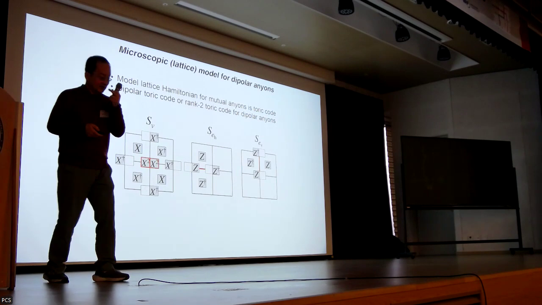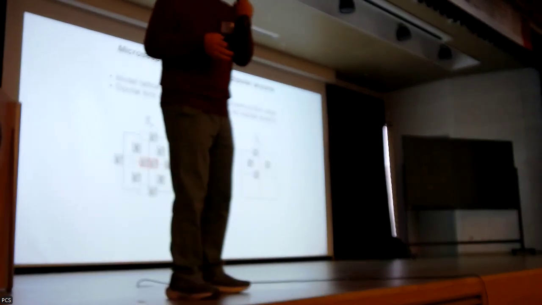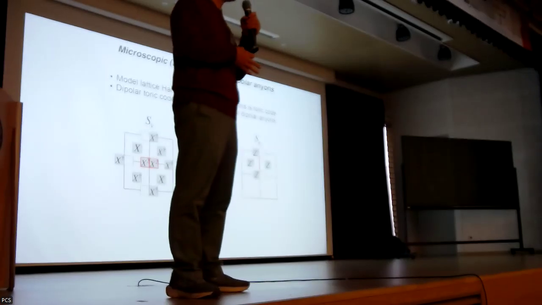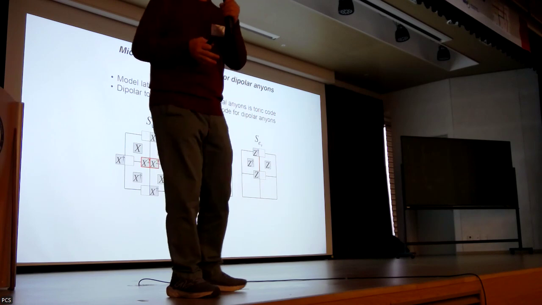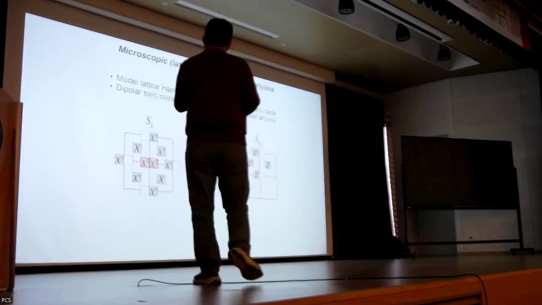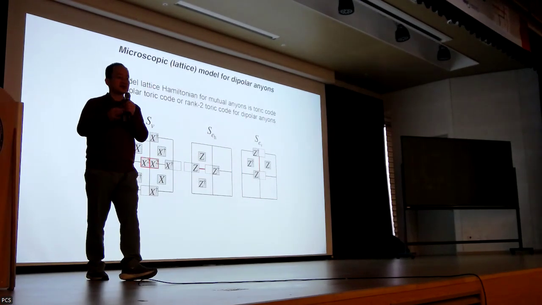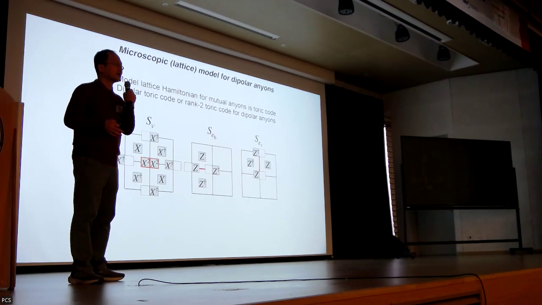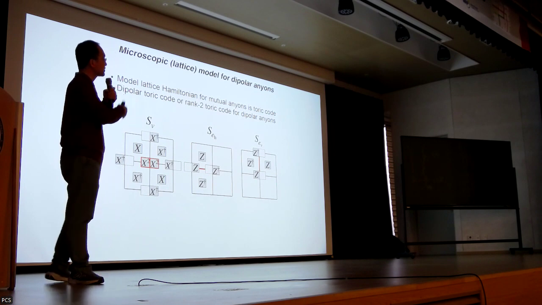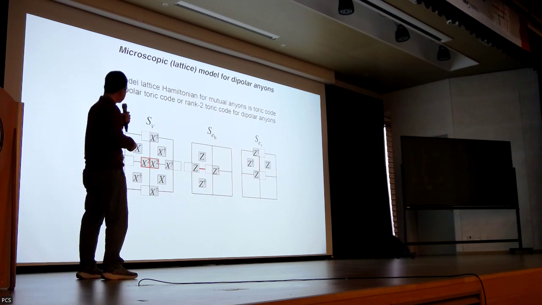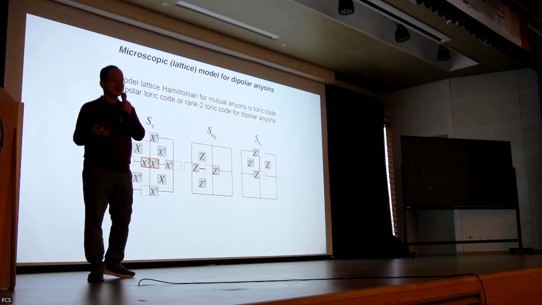Okay, so in the last phase of my talk, I want to address the question, where did all of this stuff come from? It comes from analyzing some toric code type model, which we call the rank 2 toric code. It's a stabilizer model, just like the toric code. While the toric code consists of 2 types of stabilizers, this one consists of 3 types of stabilizers, which accounts for the 3 types of anyons I talked about.